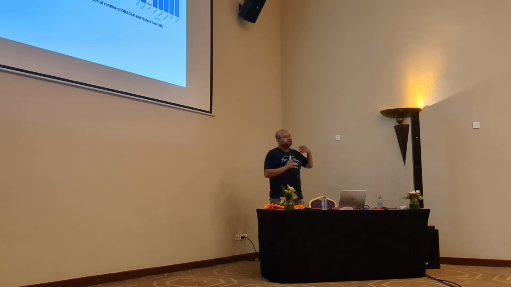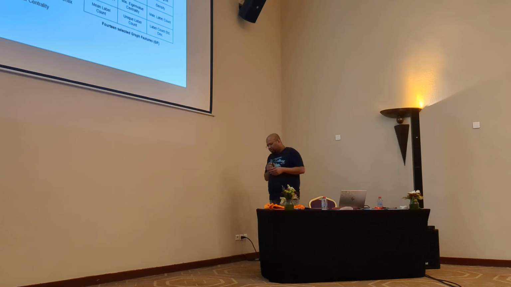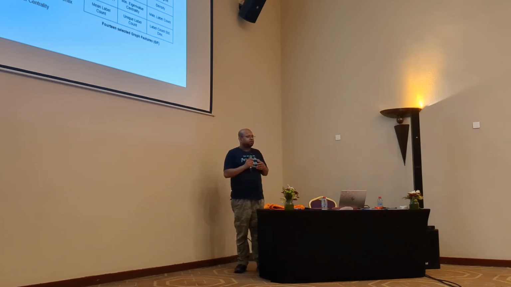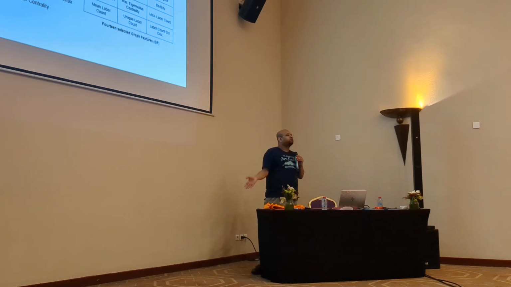So here is the research question in this paper. Can we use machine learning to approximate the Oracle algorithm? Right? So in order to do machine learning, we need features. So we have three types of features.